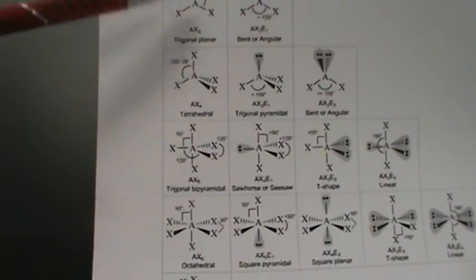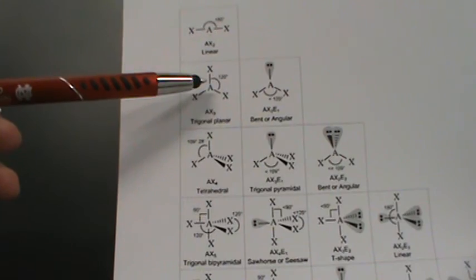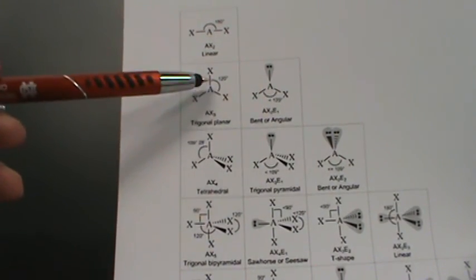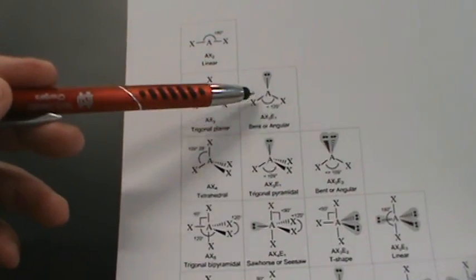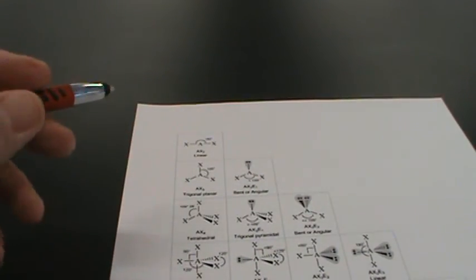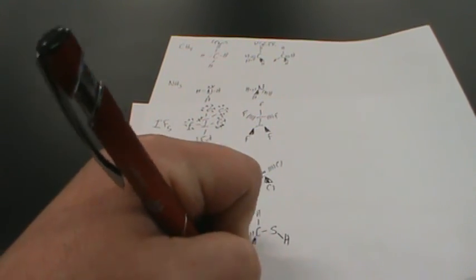We have 2 oxygens, then a lone pair on sulfur. The shape that has 3 things coming off it is trigonal planar. But since one of the things coming off the central atom is a lone pair, the VSEPR shape is going to be bent. So that is the VSEPR shape for SO2.